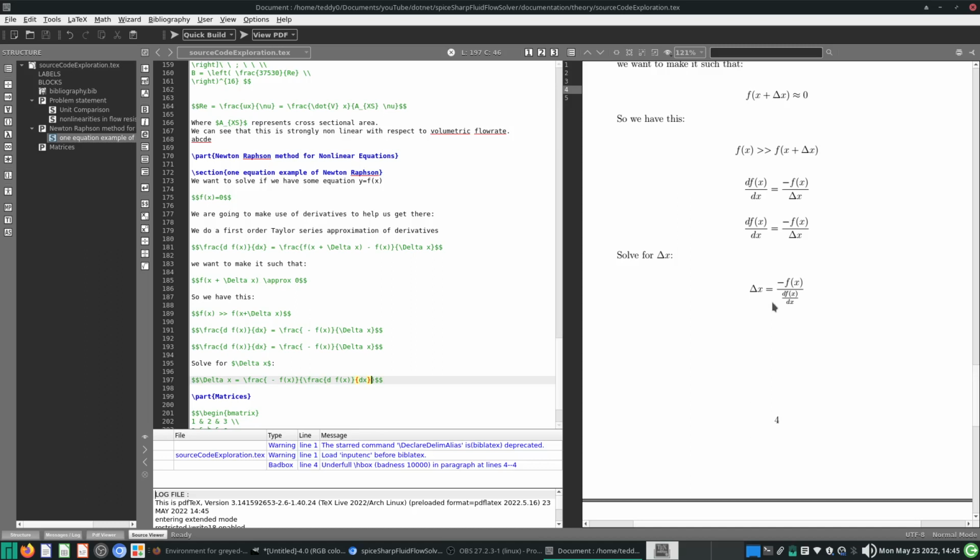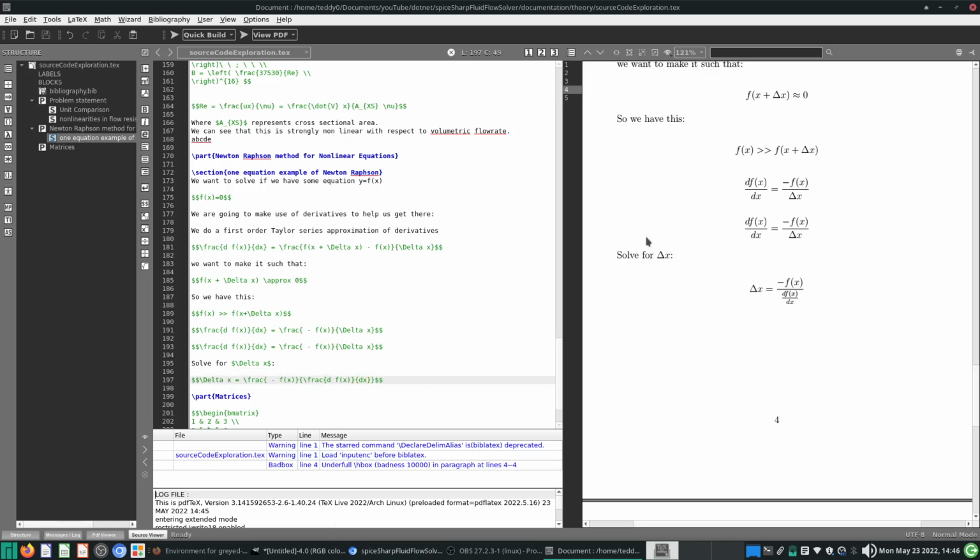Once we have this going on here, we make delta x the subject. We compute f of x and df(x)/dx. As long as we know f of x and we can differentiate it, and that's of course the hard work, the differentiation part, as long as we differentiate it correctly, we will be able to find delta x.